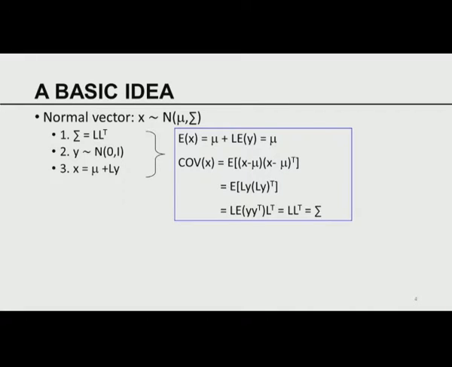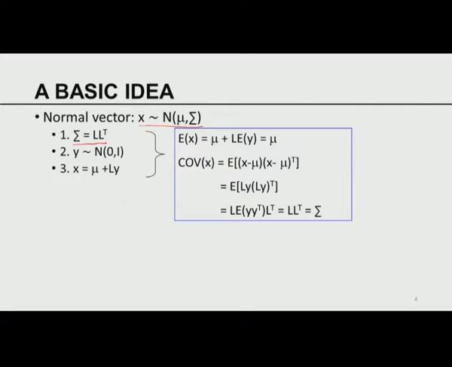Another tool that we need is the following. Suppose x is a normal random variable with mu as the mean and sigma as the covariance. I can do a transformation. What is the transformation? First, compute the Cholesky factors of sigma, which is L L transpose. Please remember, we have already talked about Cholesky decomposition.